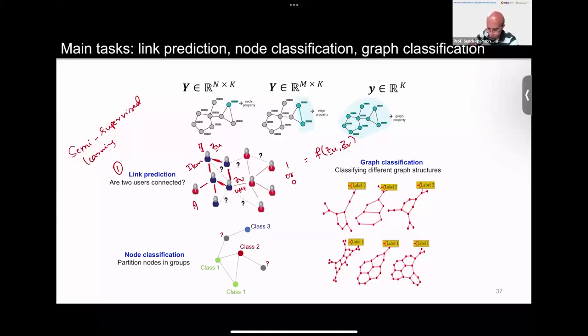Again, the goal is that you learn representations of different nodes. It is a node level task, and then what you would like to do is learn a classifier based on the labels that are already out there for a few nodes, and use that information to predict the label of this one.